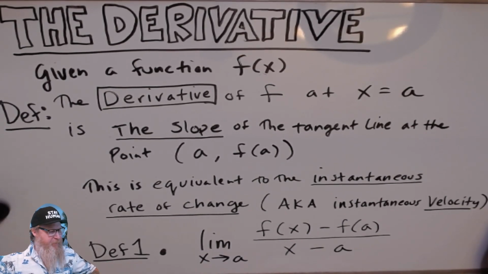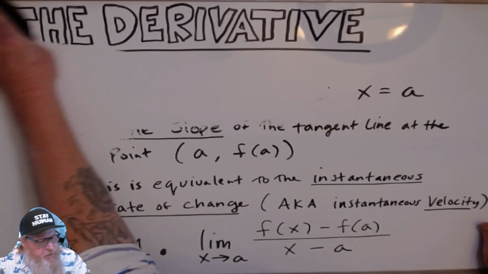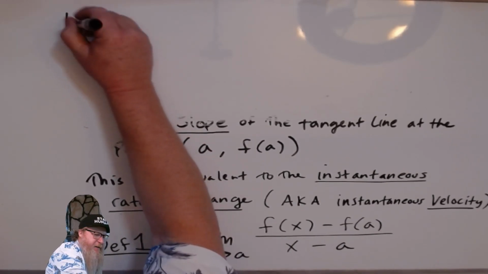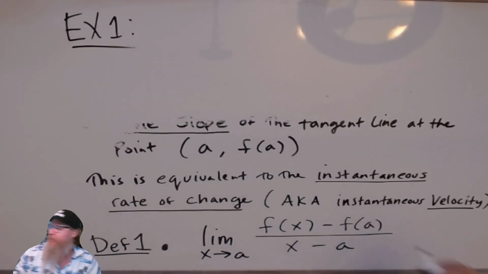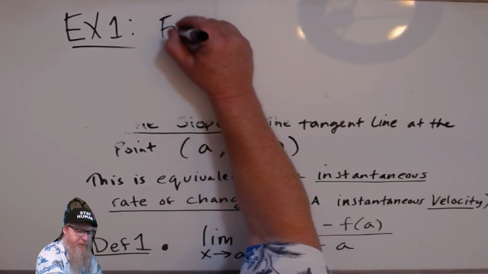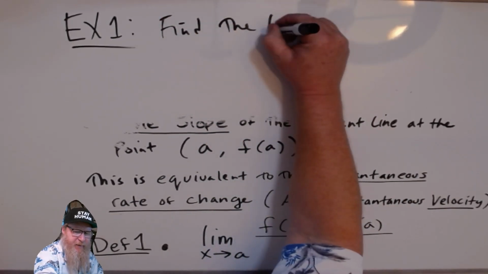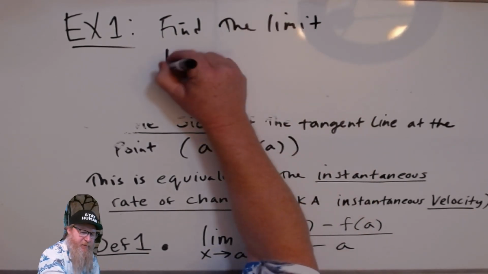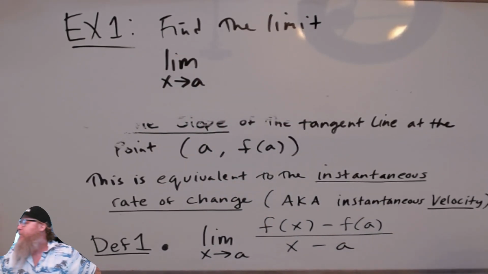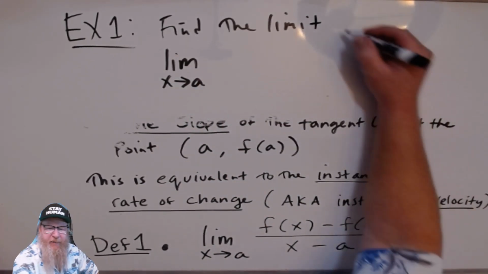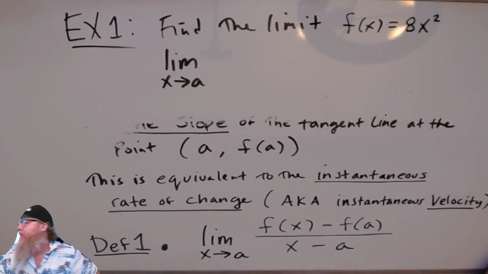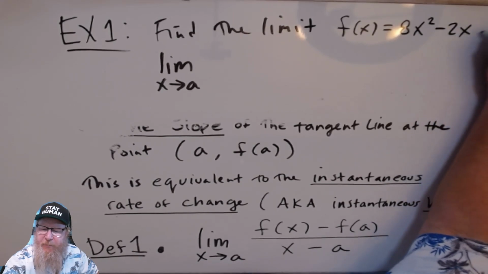All right, so we've seen a lot of functions in this course, and one of the most common ones would be the quadratic function. So find the limit as x approaches a. Oh, I got to give you a function first. Let's do 8x squared minus 2x plus 3.